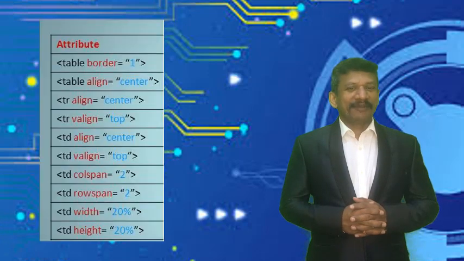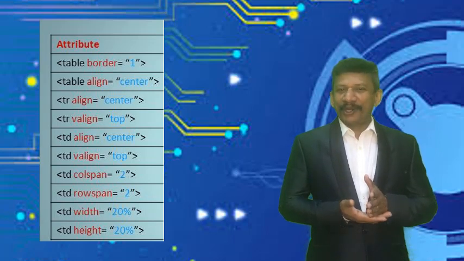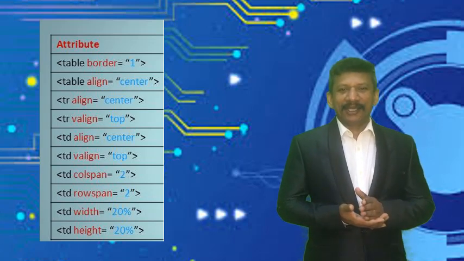Attributes are not uncommon to you. In HTML, I am sure you must have learned plenty of attributes. For example, in the tag for table, you definitely must have used the attributes border, color, spanning, colspan or rowspan.